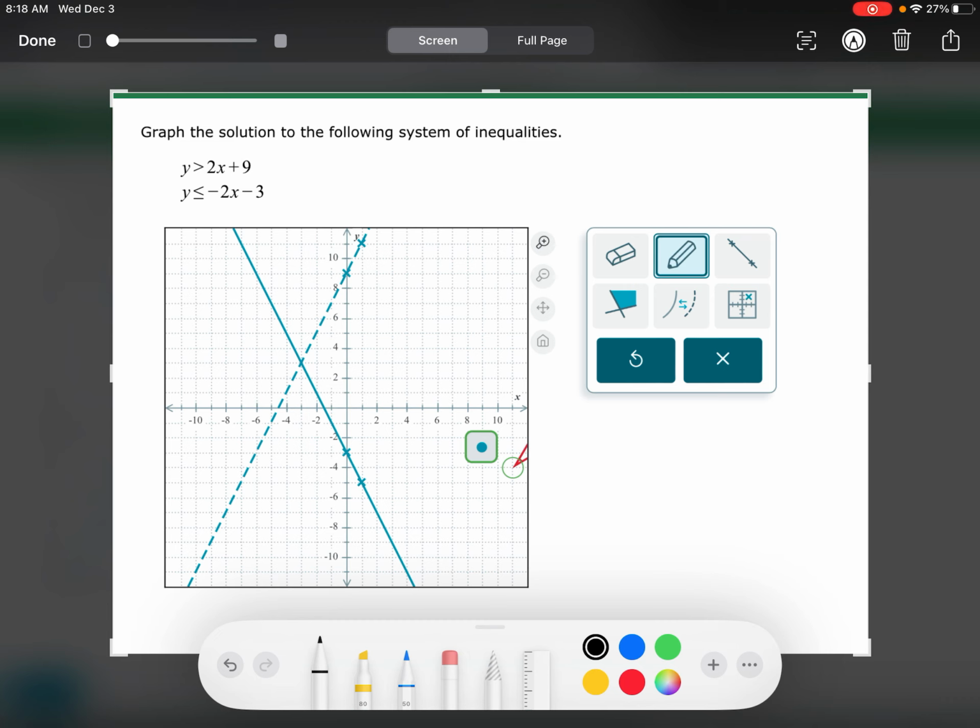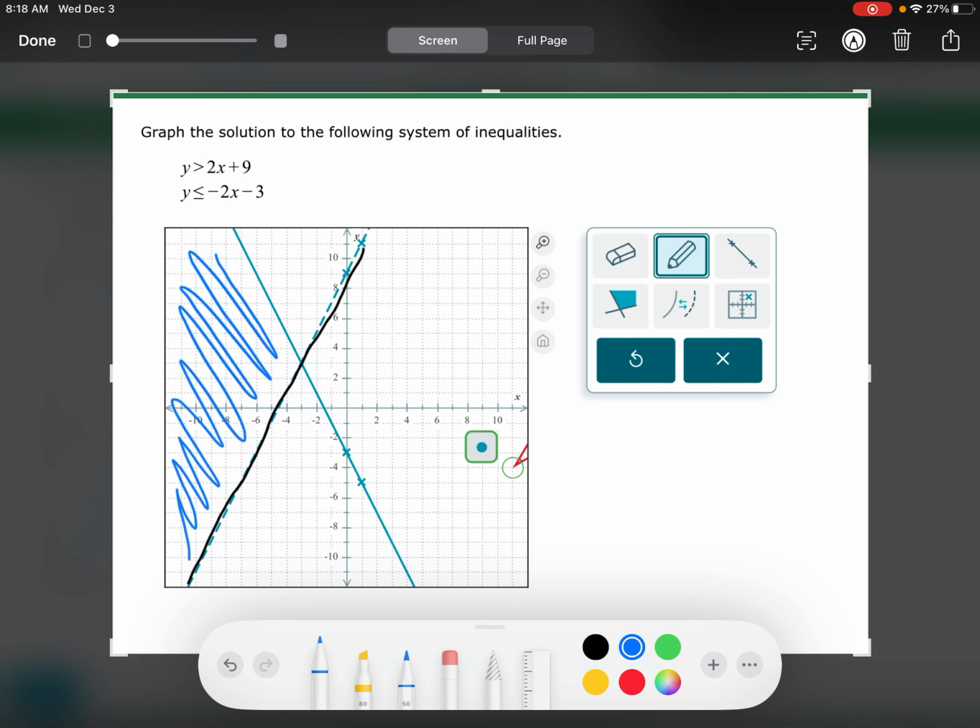So the dash line has a greater than, right? It says y is greater than. So if I look at just this dash line that I drew, and I want to be greater than it, that means we're going to shade above the line. So I'm going to shade that with blue. So this whole area above the line should be shaded, because that's how we would do the problem if they only gave me that inequality.